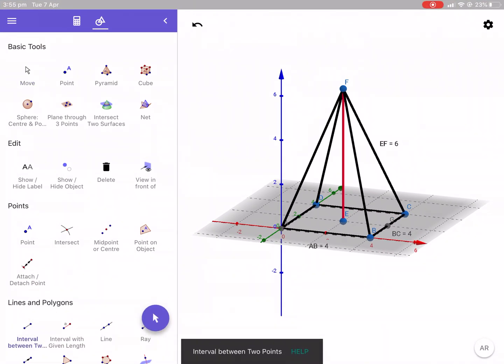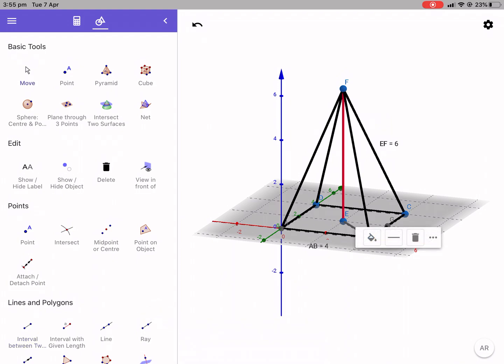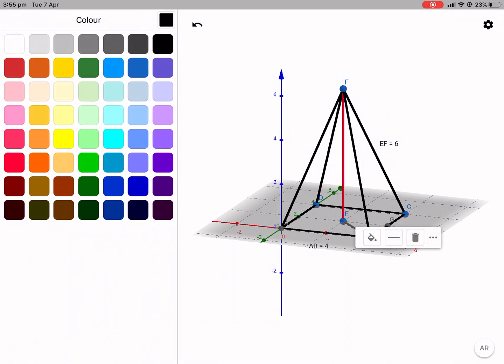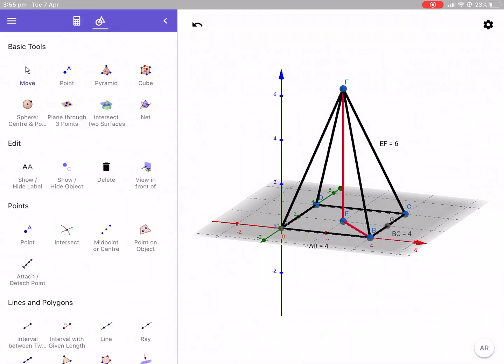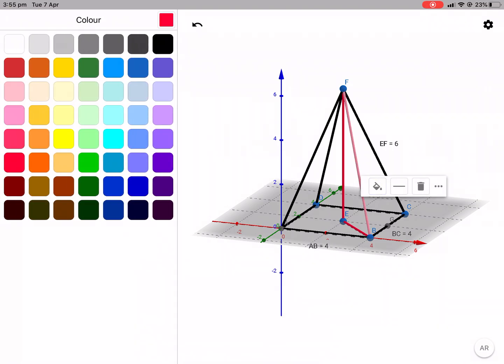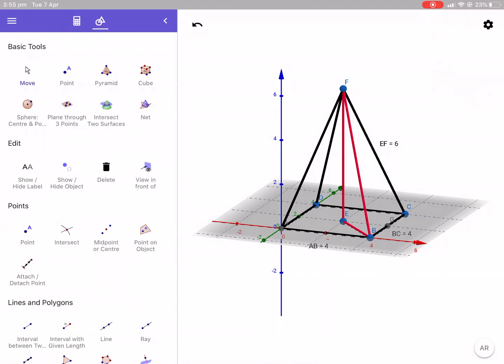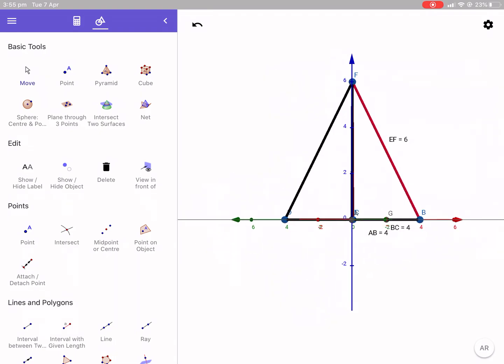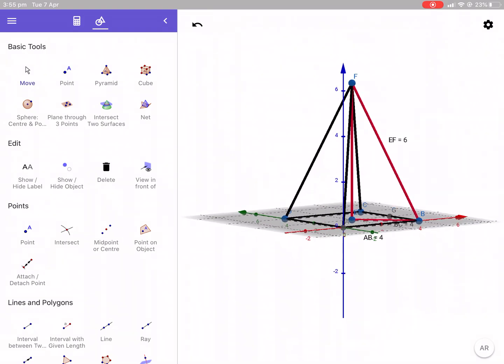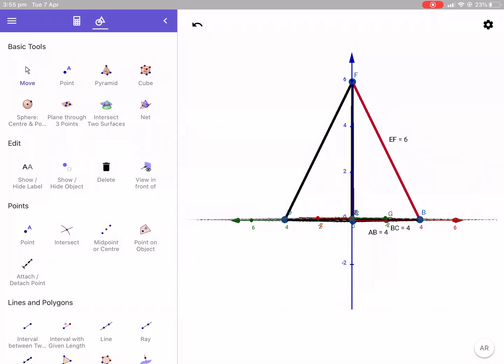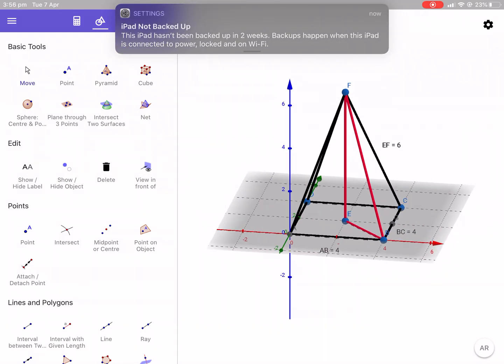So we're after the top to the middle, then this one. And we're also after this side. So we're looking at this triangle now. So it's going to be easy to look at it side on.